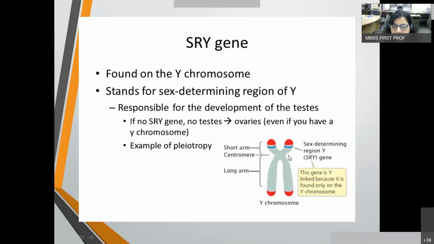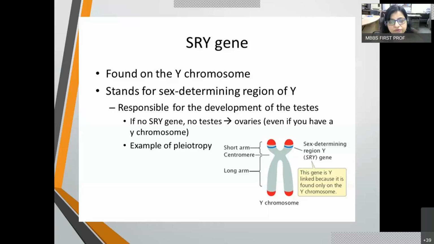See, it is present over here, and because of this there is male development, because SRY is present on the Y chromosome. So it is this SRY gene only that leads to the male development. Whereas the absence of this gene, absence of the Y chromosome, obviously leads to the female development.